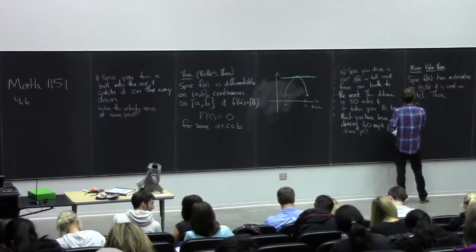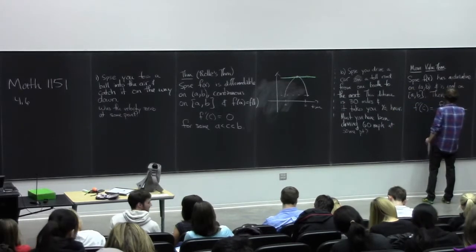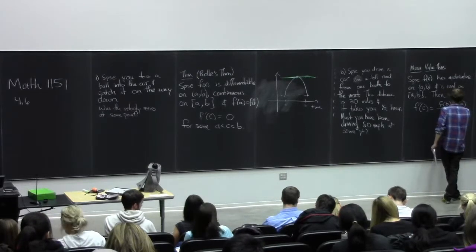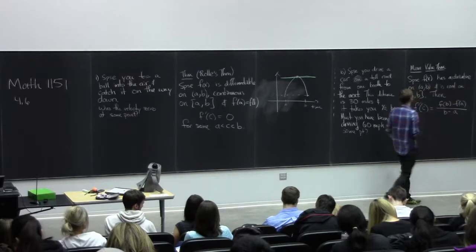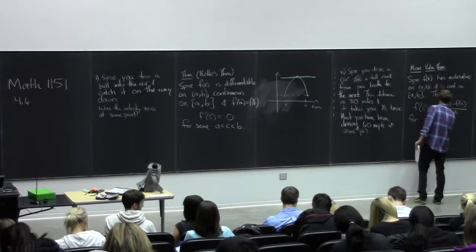Then f prime of c is equal to f of b minus f of a, all over b minus a, for a less than c less than b.